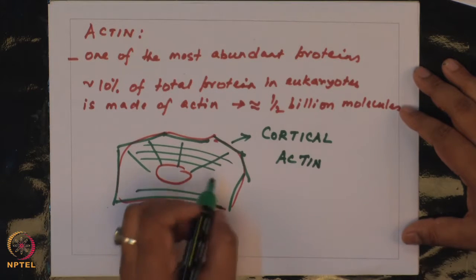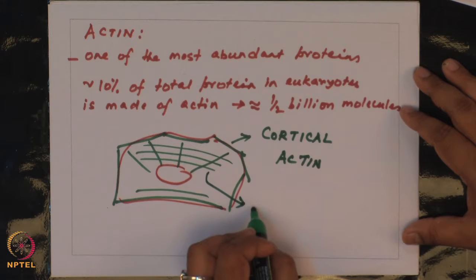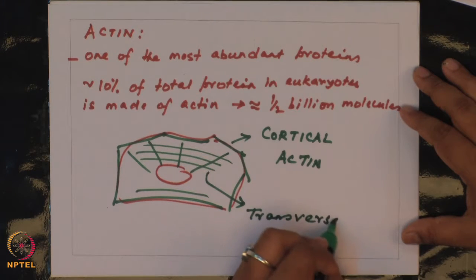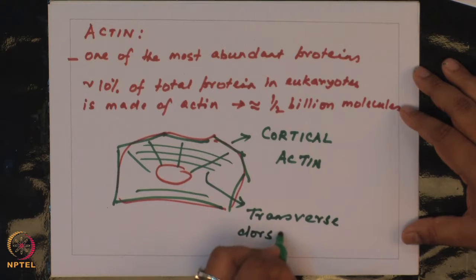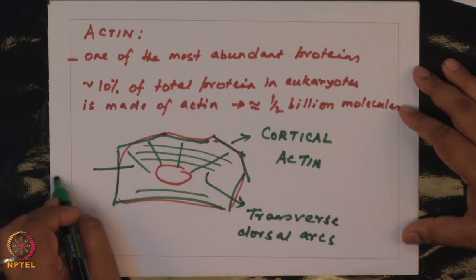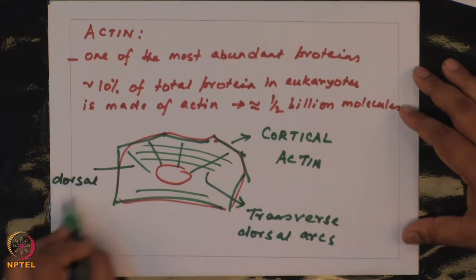These ones are called transverse arcs. These ones are called dorsal stress fibers.